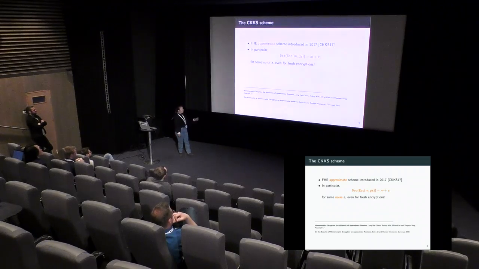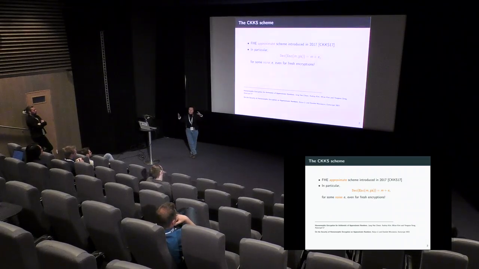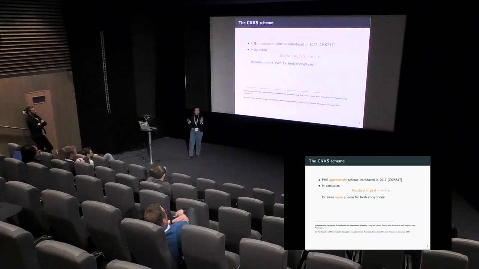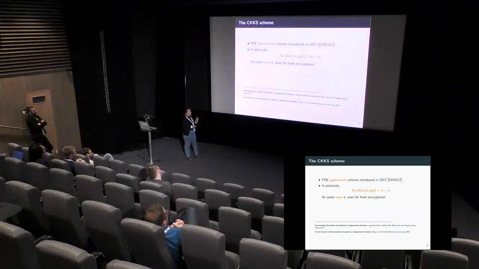What this means in particular is that even for a fresh encryption, by fresh I just mean an encryption that I haven't performed any homomorphic computations on, if I just take a message, encrypt it, and then immediately decrypt it, so again, no homomorphic computations, then I actually recover M plus E, where E is some noise. So I never recover M exactly in the scheme.